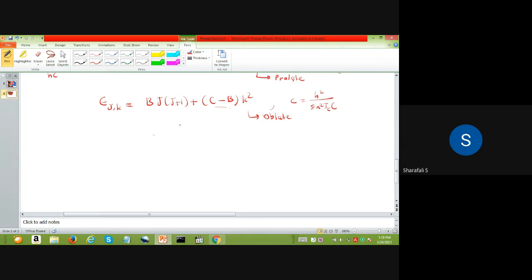If you consider that A value, this corresponds to the molecular axis, and B is the direction in the plane of the paper through the center of gravity and perpendicular to the axis A. We already discussed those things when we discussed the symmetry and how these axes are coming.